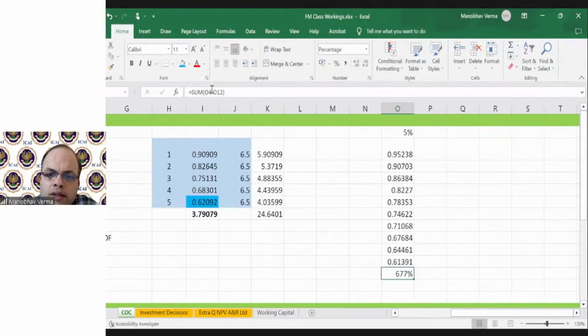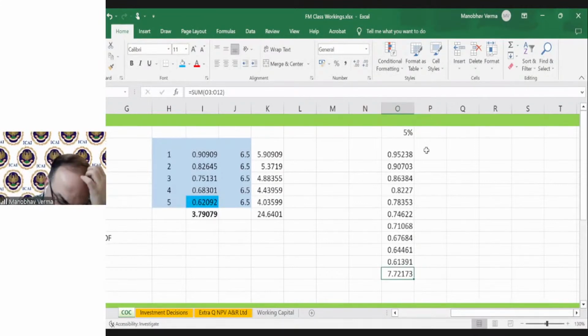When we add all these discounting factors, we would be getting a total present value of annuity factors, 7.7217. We're just doing a simple division by 1 upon 1 plus R.